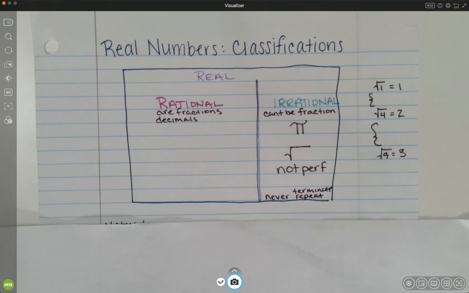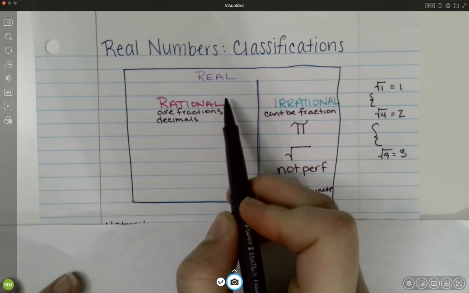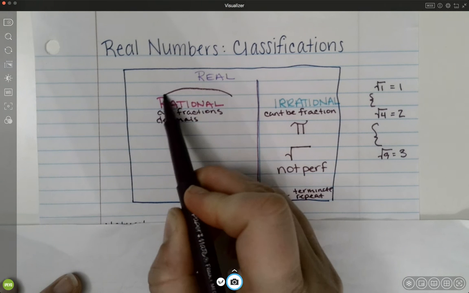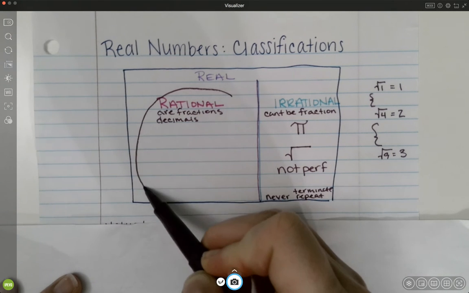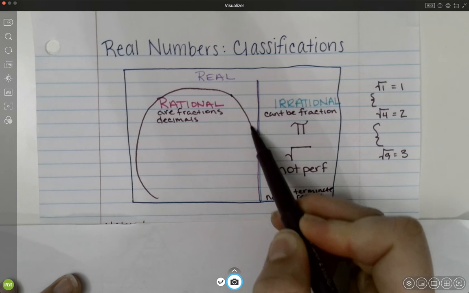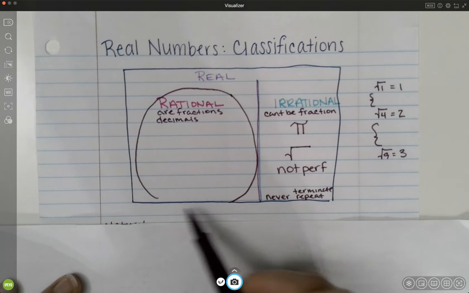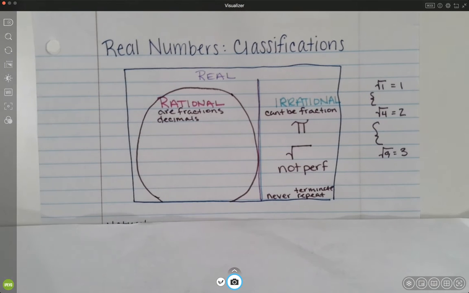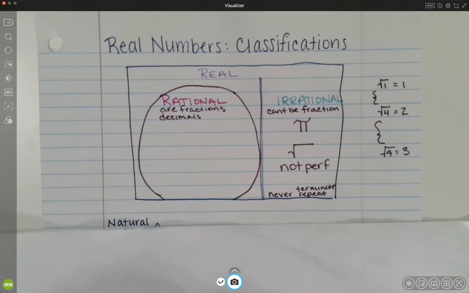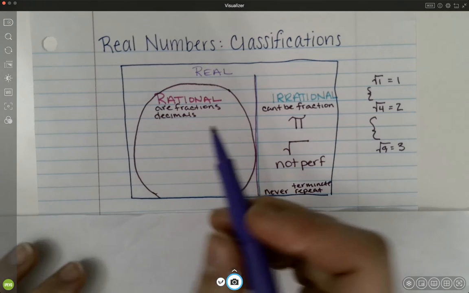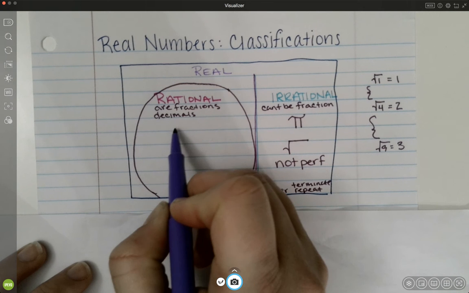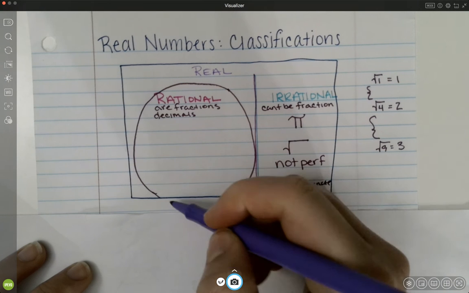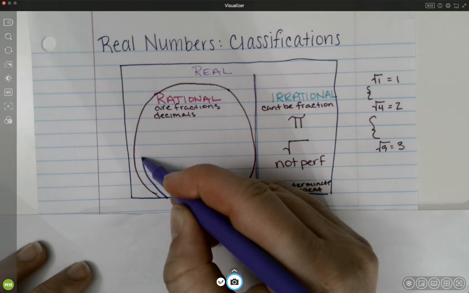Now, things get a little bit more specific with rational as I move into this realm. Inside of rational, I'm going to make rational its own little circle here. And inside of this rational circle, I have another layer, we get a little bit more specific, and that is what we call integers.